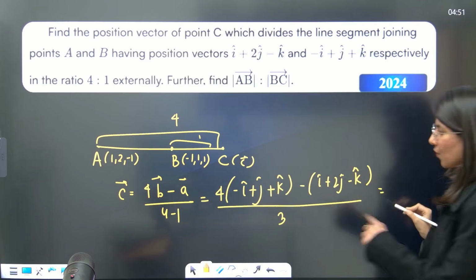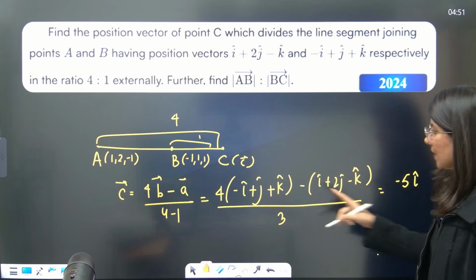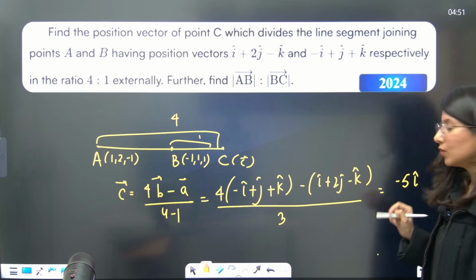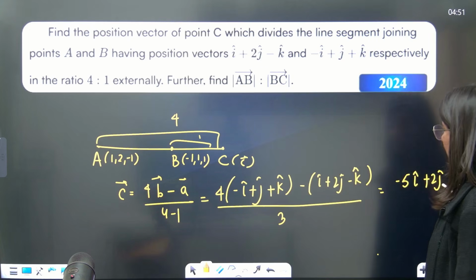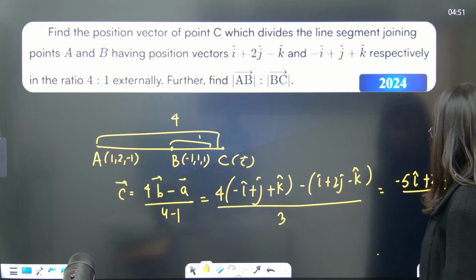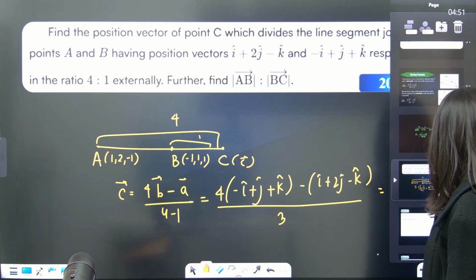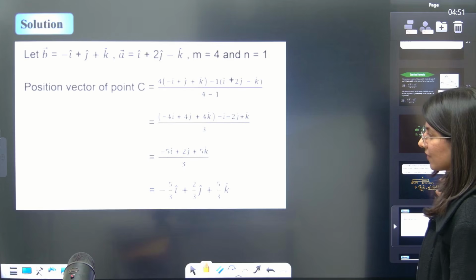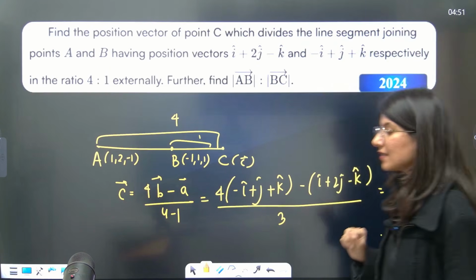So this is minus 4 minus 1, so minus 5 I cap. 4 minus 2, 2J cap. And 4 minus 4 plus 1 is 5 K cap, upon 3. This is what your C vector looks like. Let me just check. Minus 5 plus 2 plus 5. Okay. Right? This is your C vector.